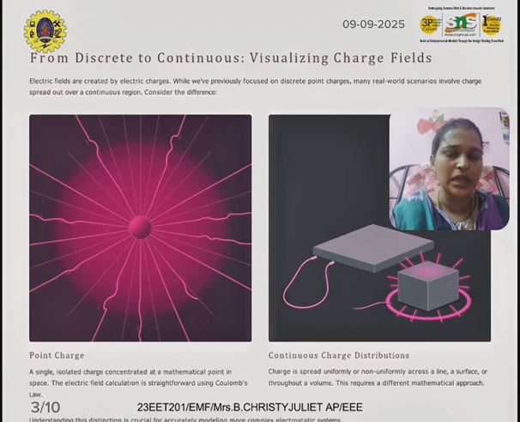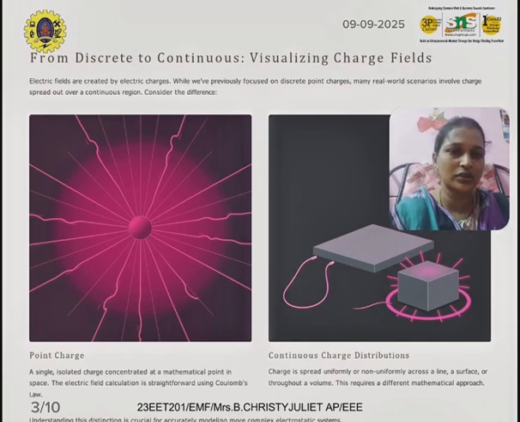If there are n number of point charges, the electric field of these n point charges can be calculated by the principle of superposition. Let the electric field around the charge Q1 be E1, and the electric field around the charge Q2 be E2.